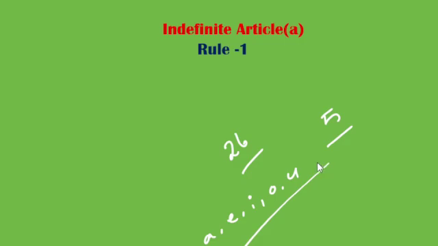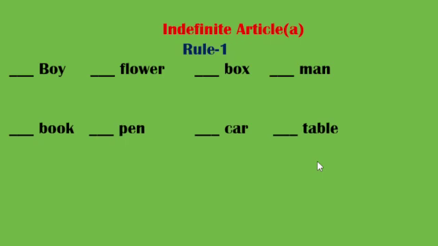For example, boy, flower, box, man, book, pen, car, etc. If you observe these words, all of them begin with only consonant sounds.